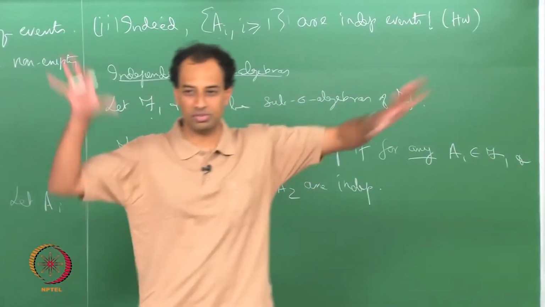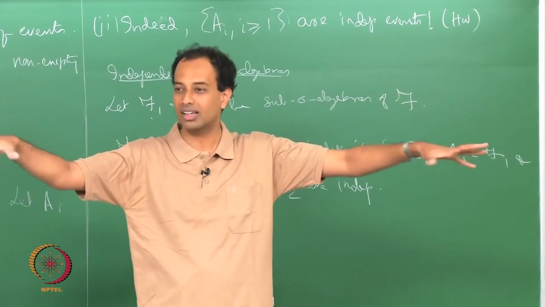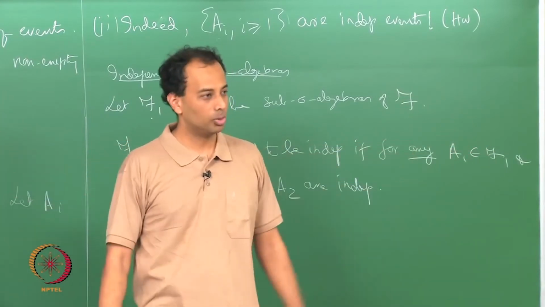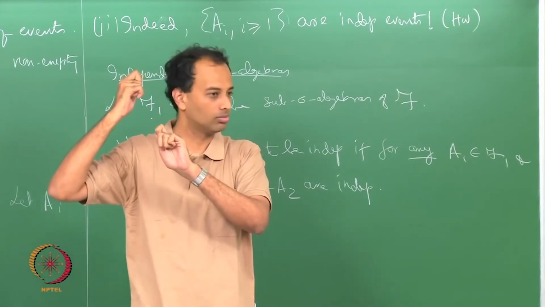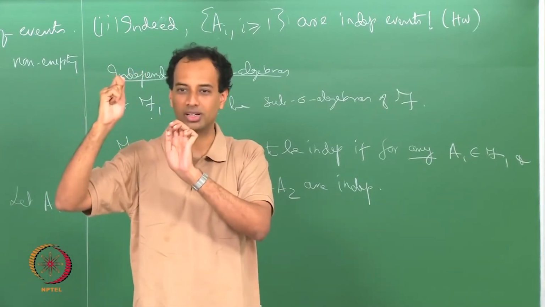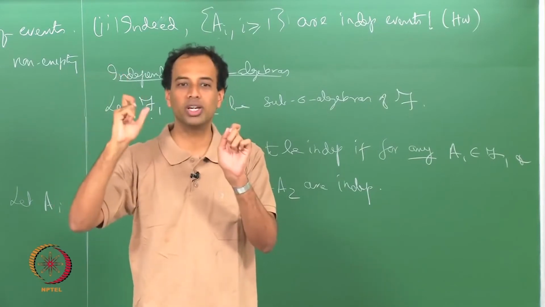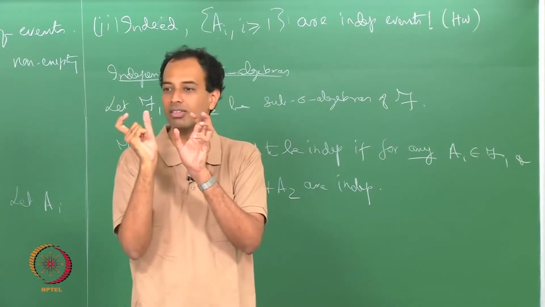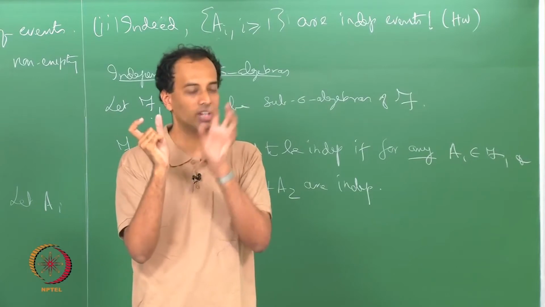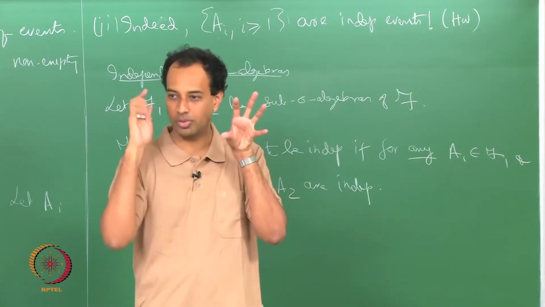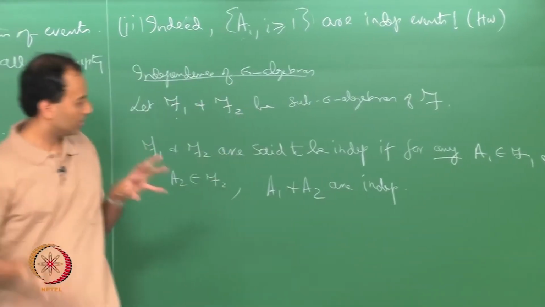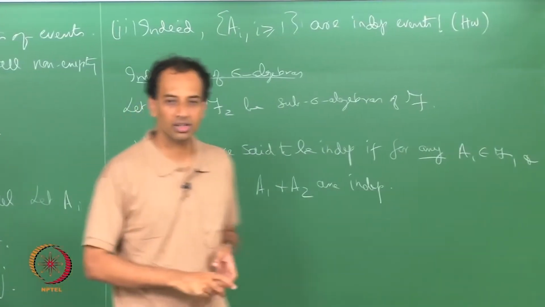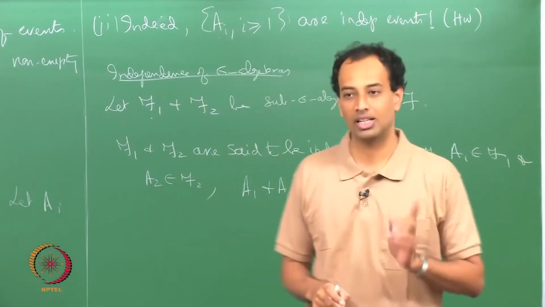Okay. So I have two sub sigma algebras F1 and F2, they are collections of subsets of omega. You pick any event you want from F1 and any other event you want from F2, it is completely up to you which one you pick. So no matter which one you pick, those two events must be independent events. If it is true for every such A1 and A2 picked from F1 and F2 respectively, then F1 and F2 are said to be independent sigma algebras.